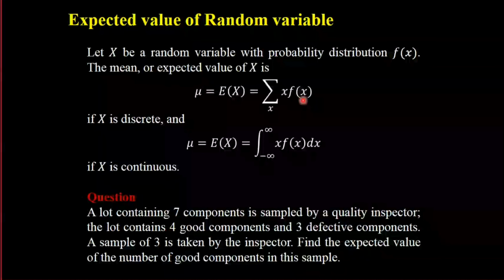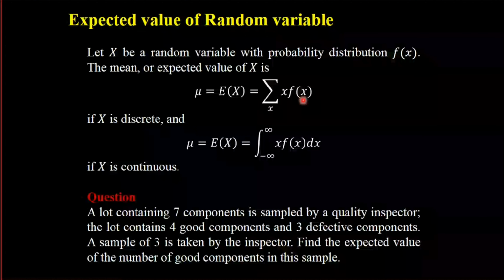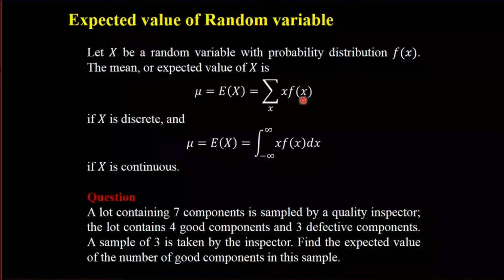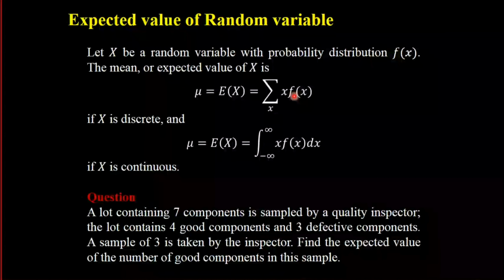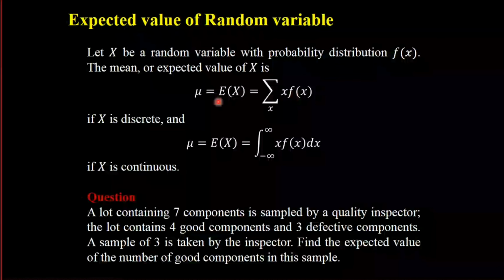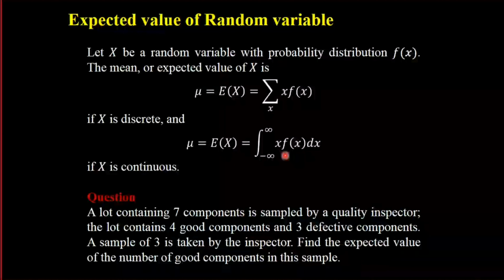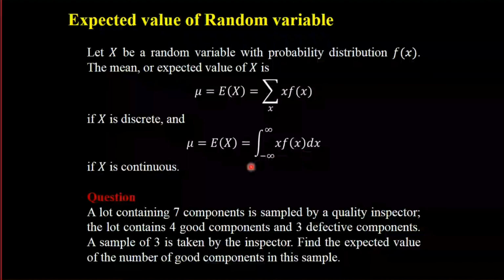Always keep the tossing of two coins problem in mind, that will give you a clear idea. That is a very basic problem. That is called expectation. If you multiply each element with its probability and take the sum of all those, you get the mu value, or expected value, or mean for discrete. But for continuous, you have to do integration: x into f of x dx from minus infinity to plus infinity.